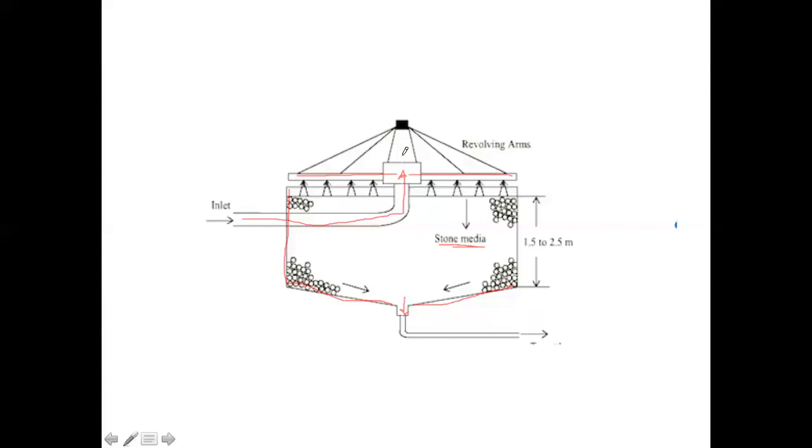Here these are rotating arms, which keep rotating all over the filter surface. So the wastewater is sprinkled on the surface of the stone media, rock media, or gravel, whatever the media is.